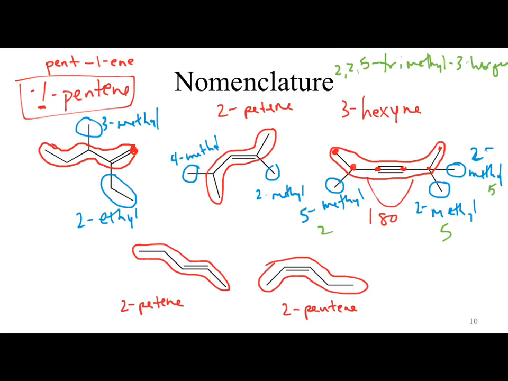With sigma bonds, we could freely rotate, but what happens with the pi bond? That pi bond does not freely rotate. So I can't do that rotation to get them to match up, which means these two structures are stereoisomers.